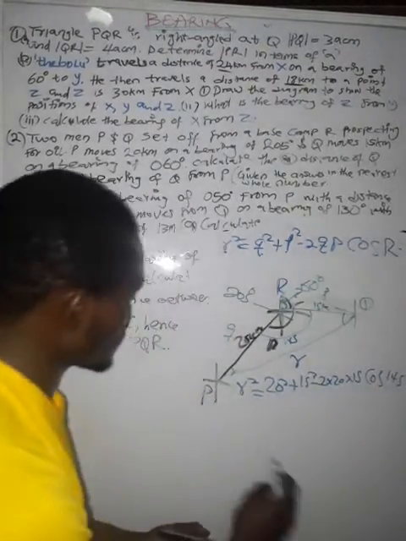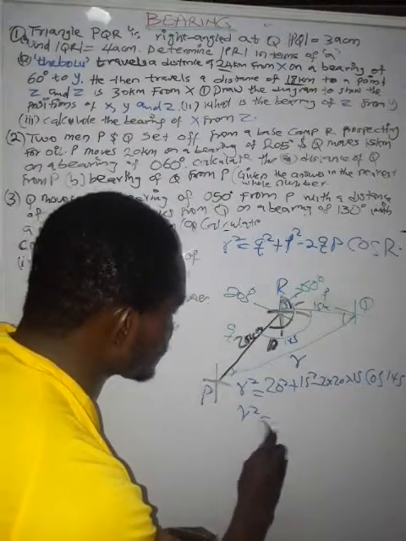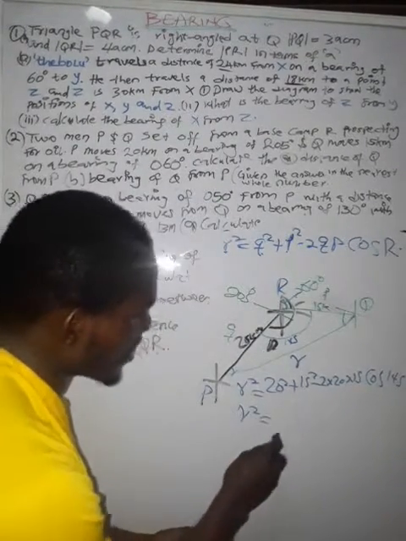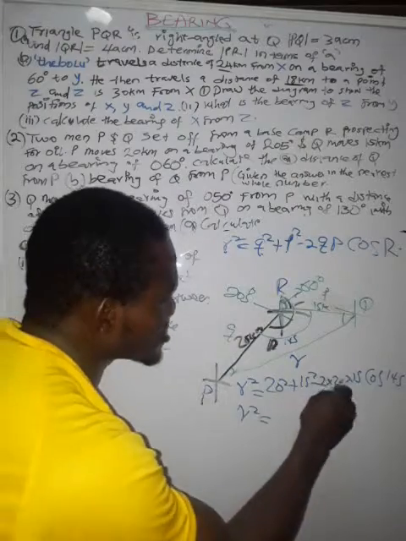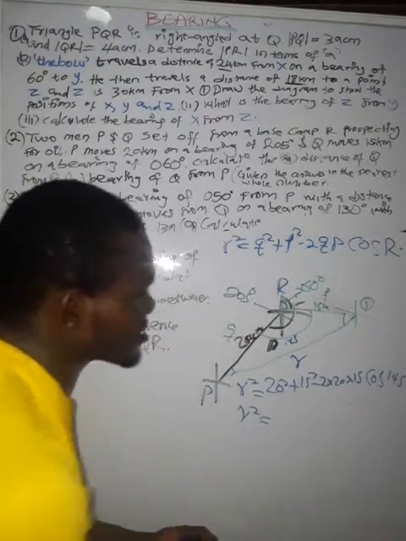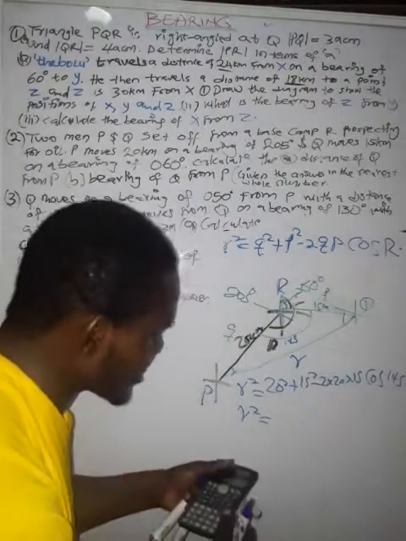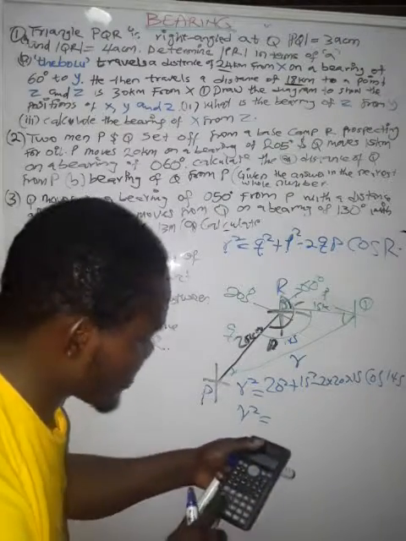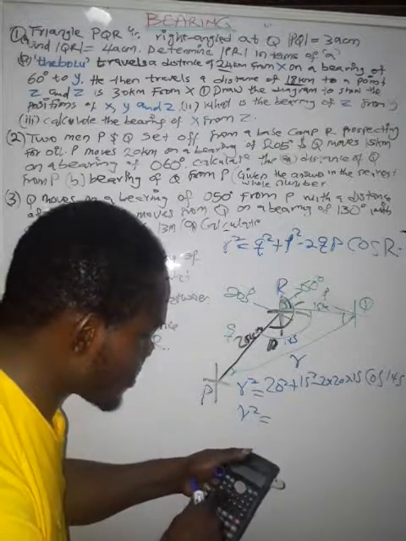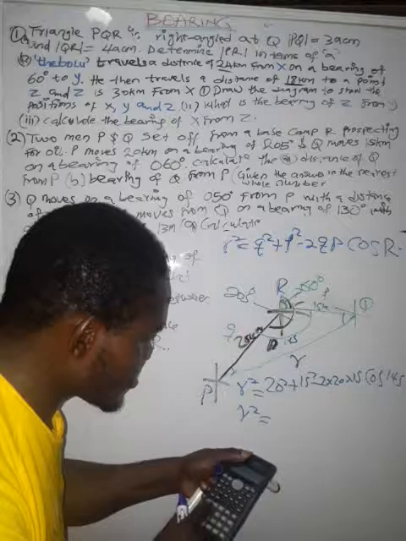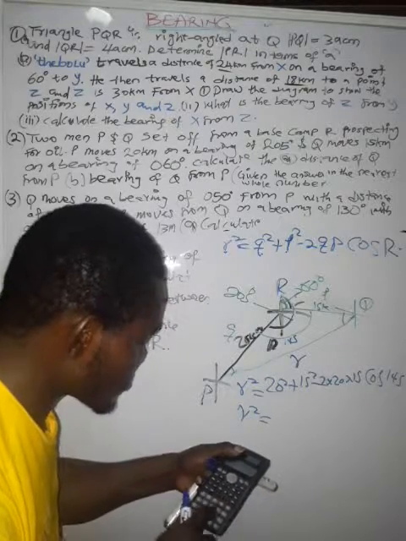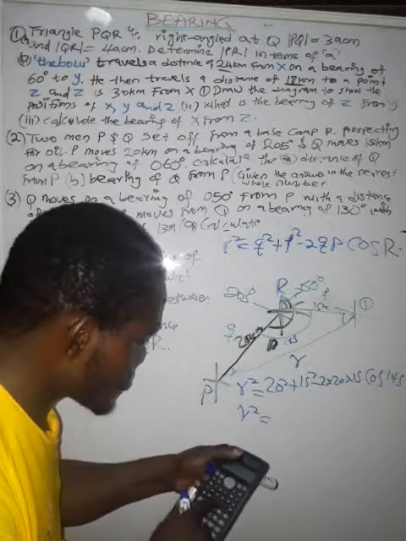145. So r square. In an exam, you press this one, you write it down, press this one, write it down, press the three together, all of them together, write it down. So I'm putting the two together, that will be faster. We have 20 square, which is 400, plus 15 square.